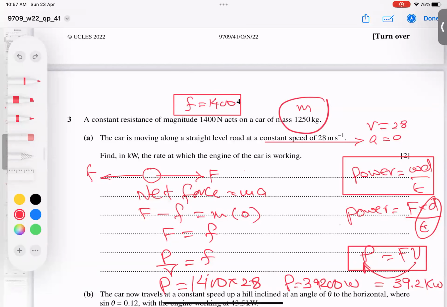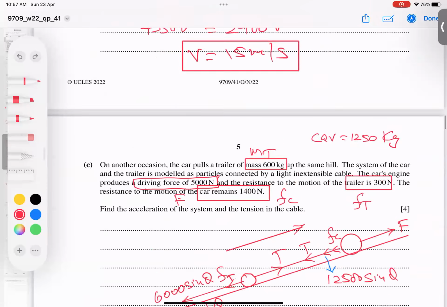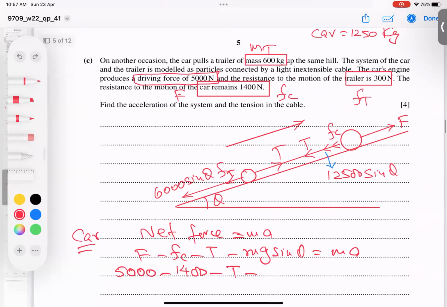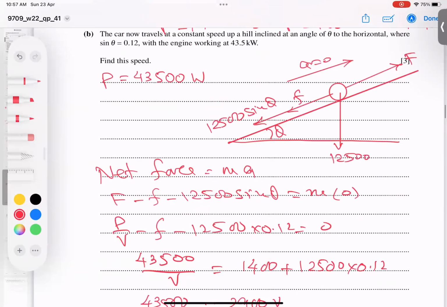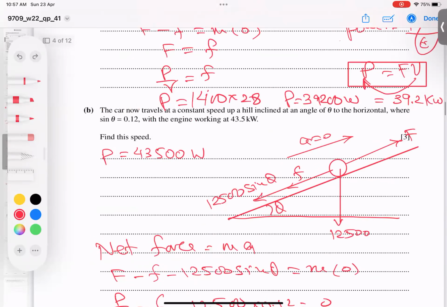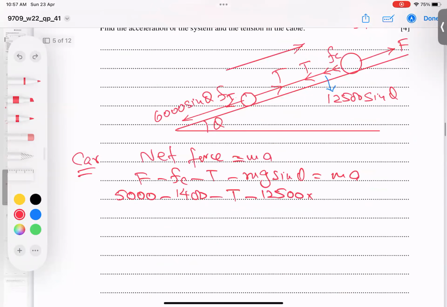Mass of the car 1250, correct. So with one more zero included, 12500, and sine theta is given by him as 0.12. So 0.12 is the value of sine theta. And mass 1250, acceleration unknown.